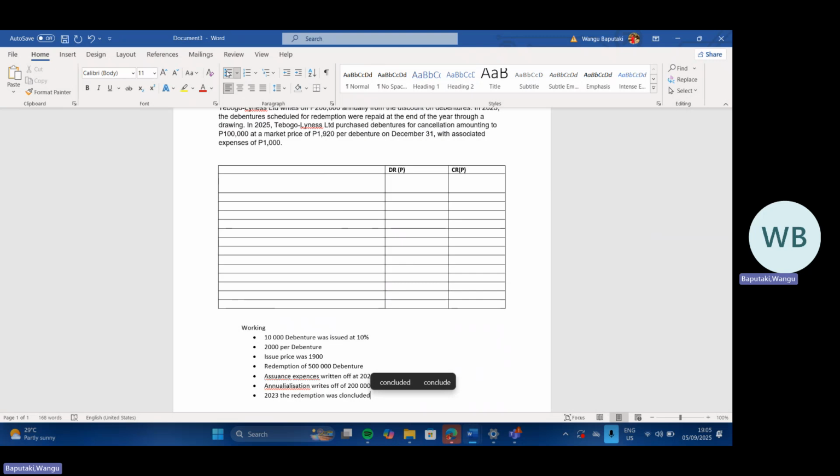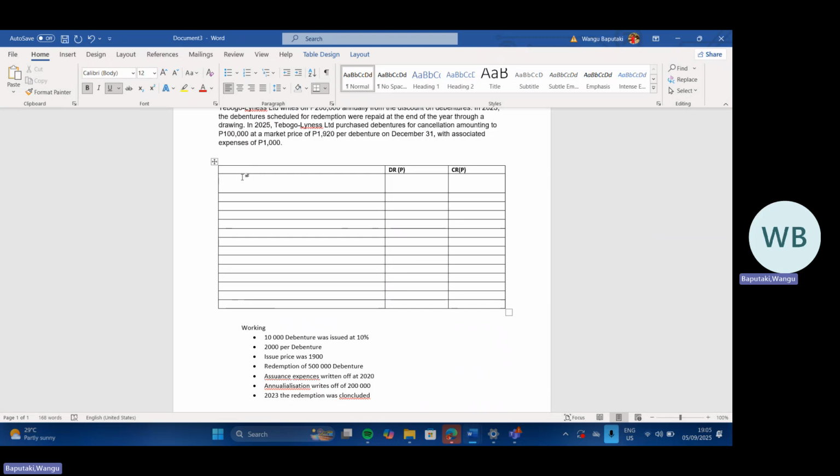So I'm going to start with the year 2020 on my journal entries. In 2020, a debenture of 10,000 was issued at 1.9.